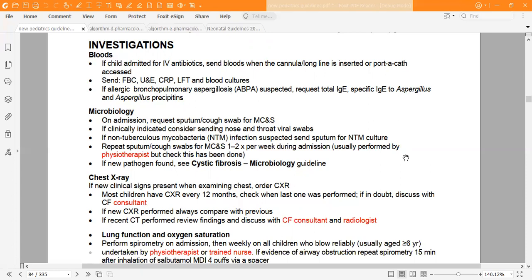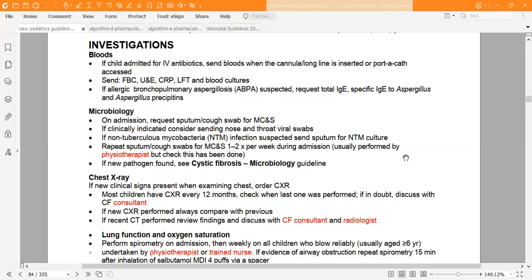Also think of a throat swab or nasal swab. If non-tuberculous mycobacterium infection is suspected, send sputum for NTM culture, which is non-tuberculous mycobacterium. Repeat sputum or cough swab for microscopy and sensitivity 1 to 2 times per week during admission.